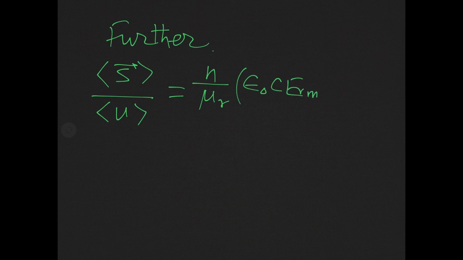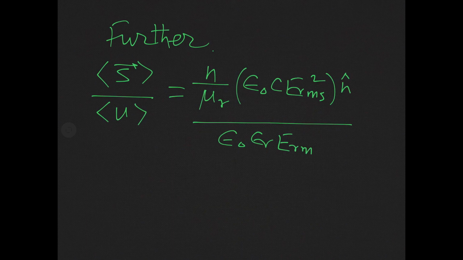Epsilon naught C E RMS square into n hat, and over epsilon naught epsilon r E RMS square.